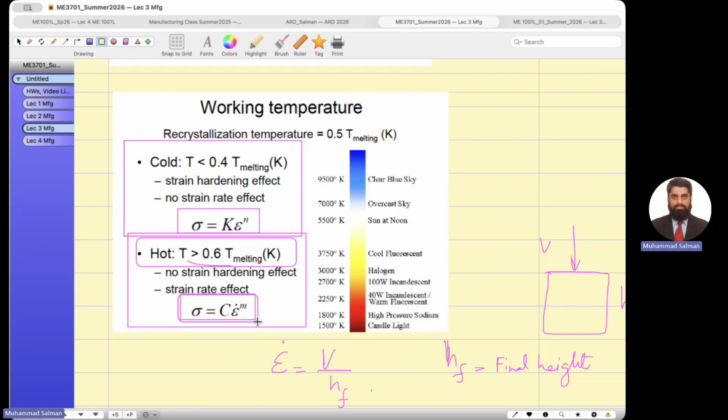Sigma flow, this power law for temperature, is very, very important. Cold forging and hot forging, you understood the difference between the temperature. If it is less than half of the melting point, it's known as cold forging. If it is higher than half of the melting point, you will use the other stress formula.